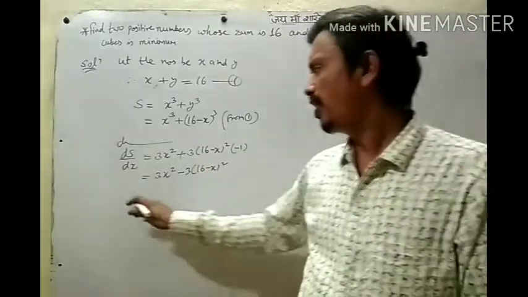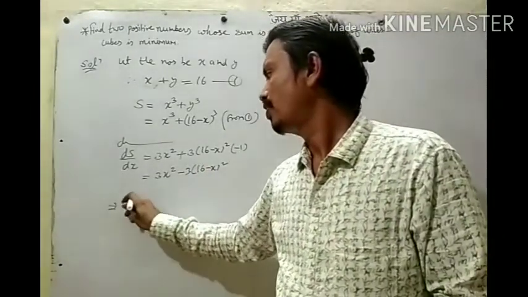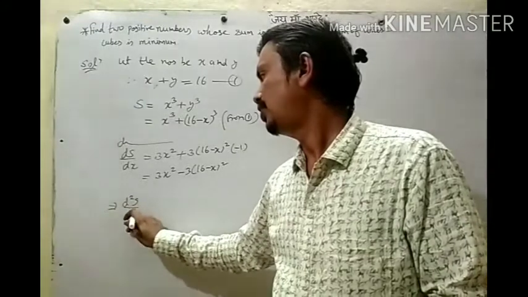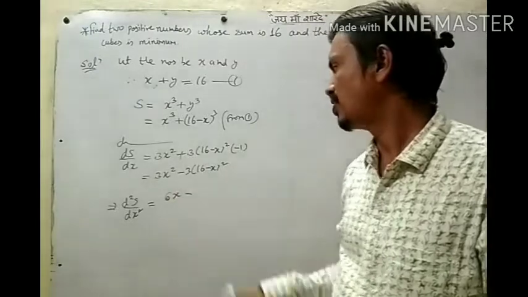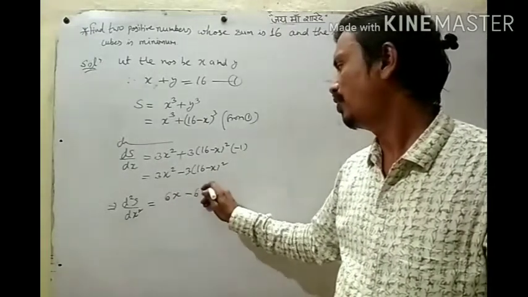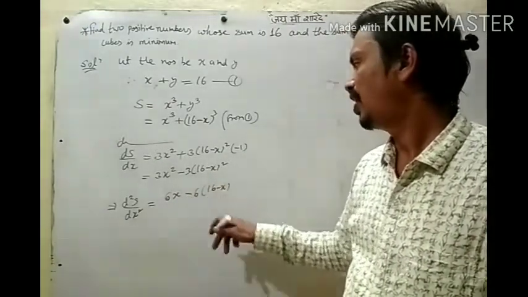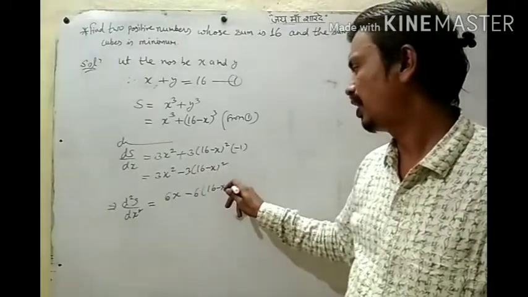Now again differentiating, we get d2S by dx square. So it is 6x minus 6 times 16 minus x, and again differentiating 16 minus x, we get minus 1.